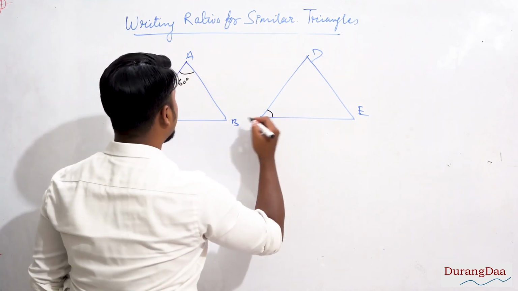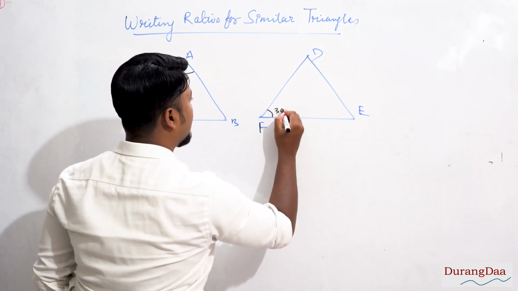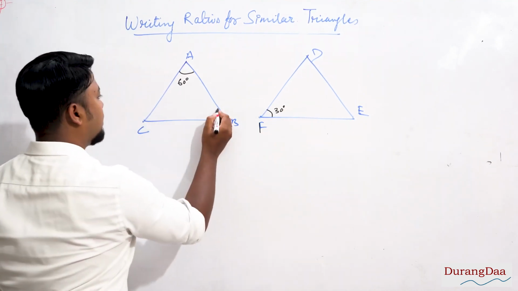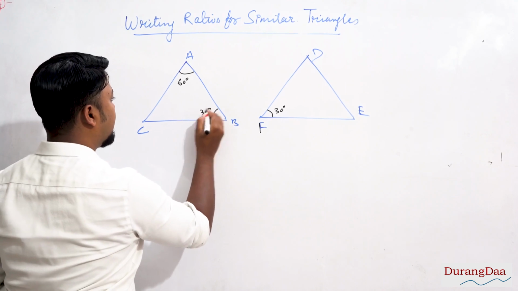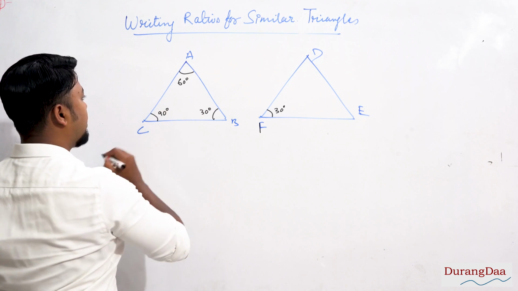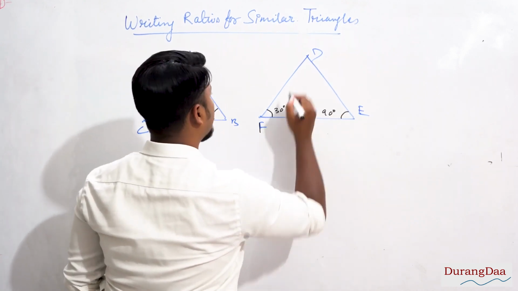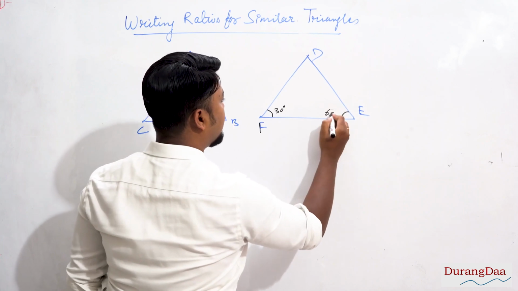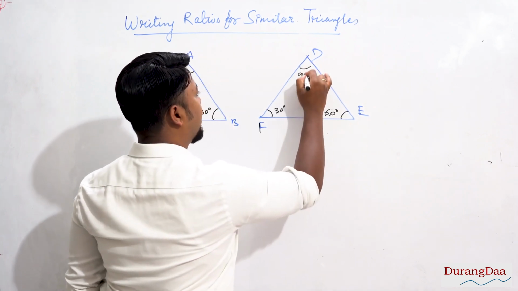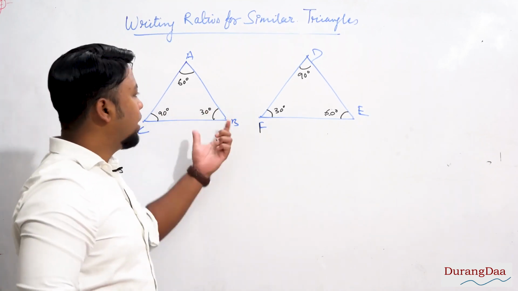This angle is 30 degrees, and this angle is 90 degrees. And in the other triangle, this angle is 90 degrees, this is 60 degrees, and this angle is 30 degrees. Suppose this is the question and you have to prove them similar.